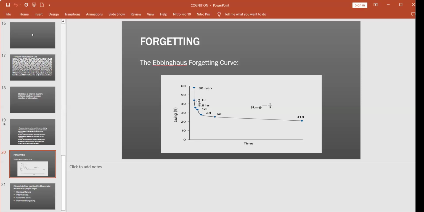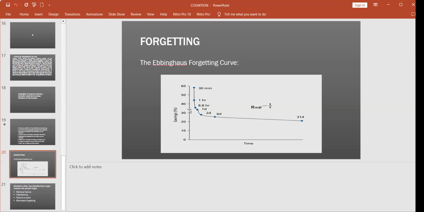After 1 hour of teaching and learning, they have saved only 45% of what they learned. 55% is lost or forgotten. At the end of one day, they remember only 35%.